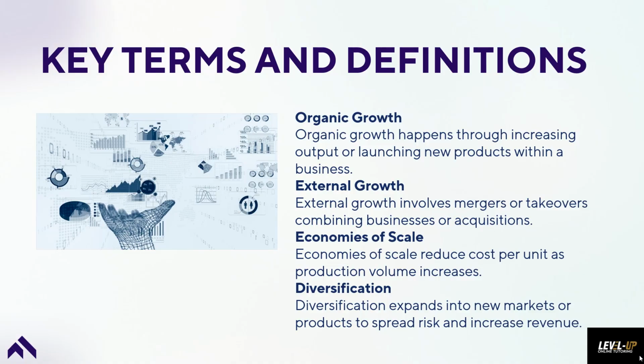Economies of scale. Economies of scale means that cost per unit decreases as output increases. So as the business becomes bigger, as they grow, their fixed costs are being spread over more units of output. It's their fixed costs that are actually reducing their cost per unit as opposed to their variable costs.